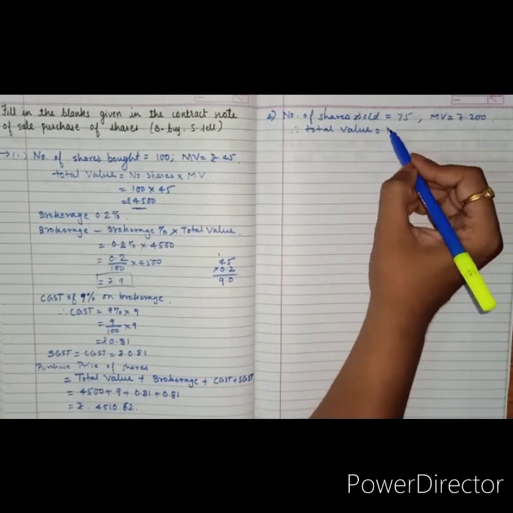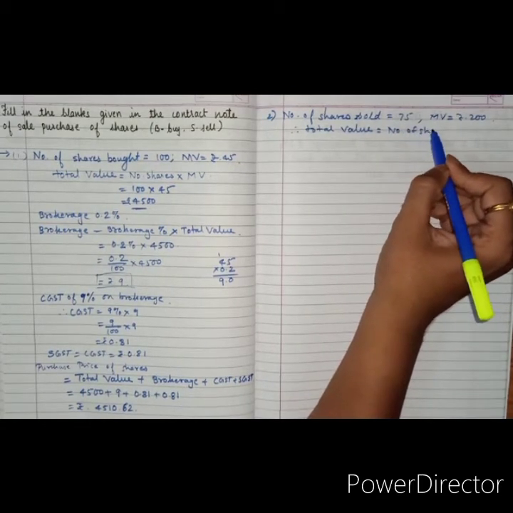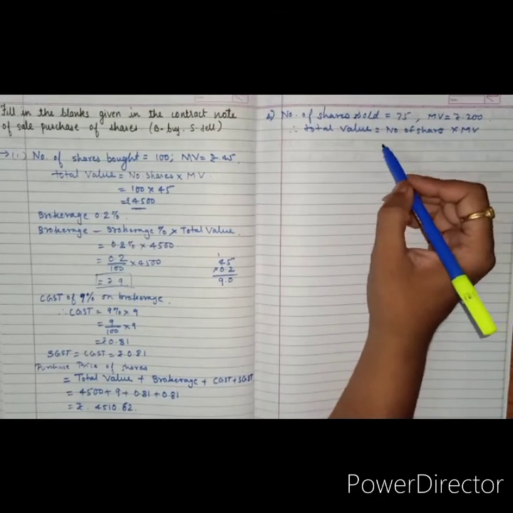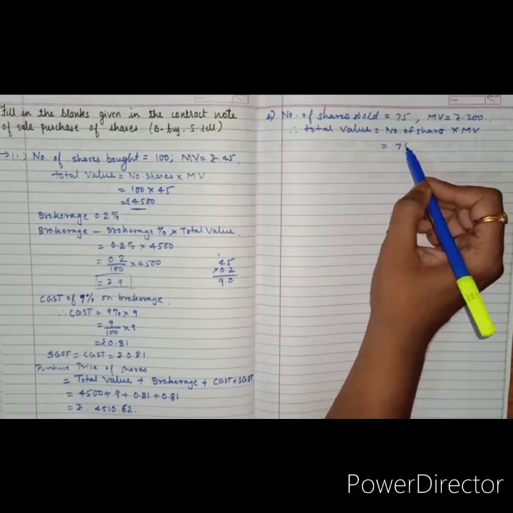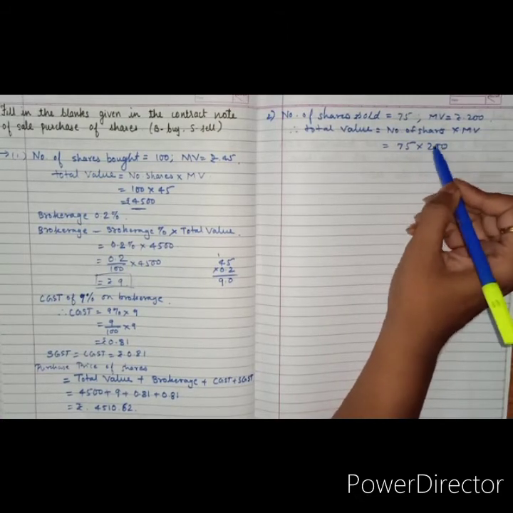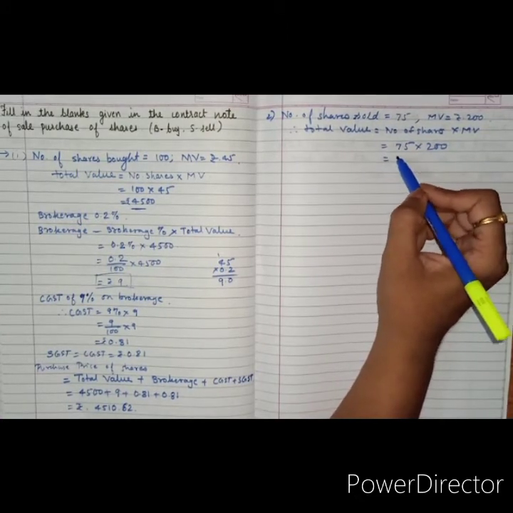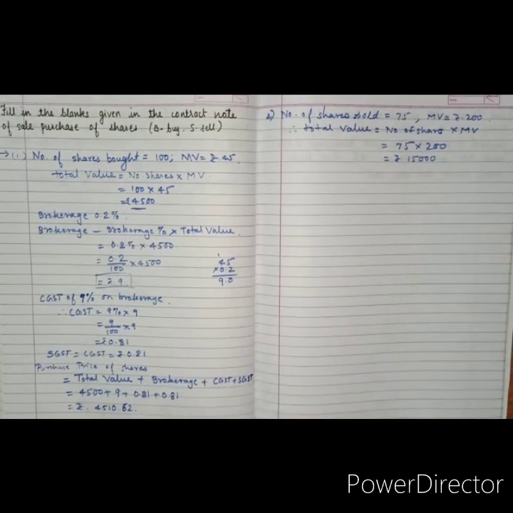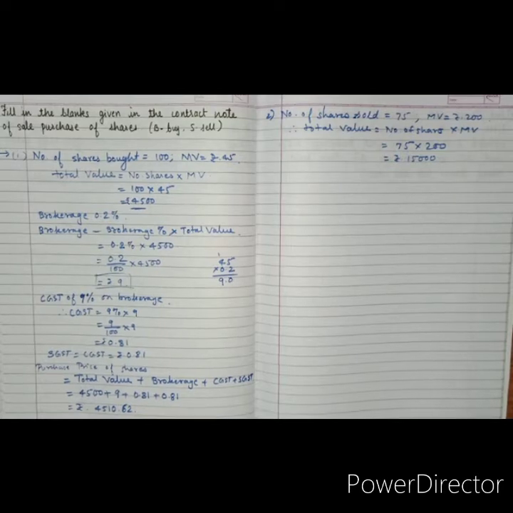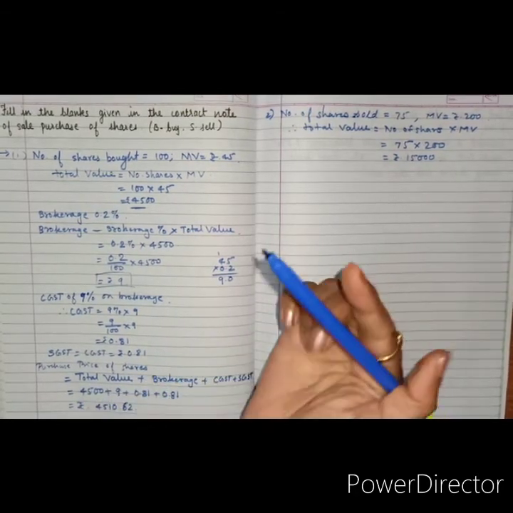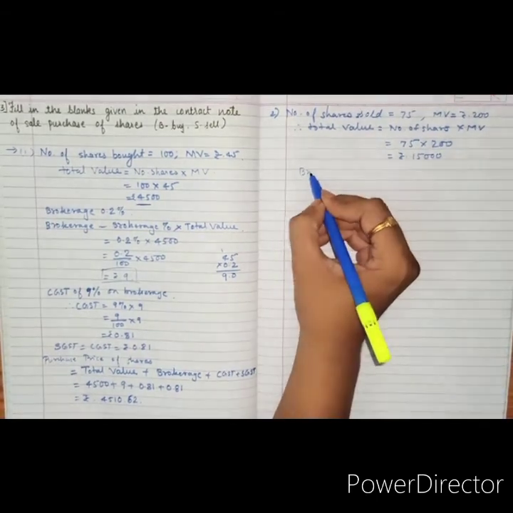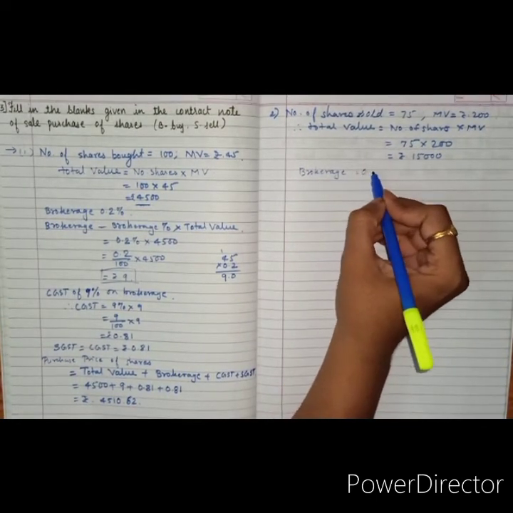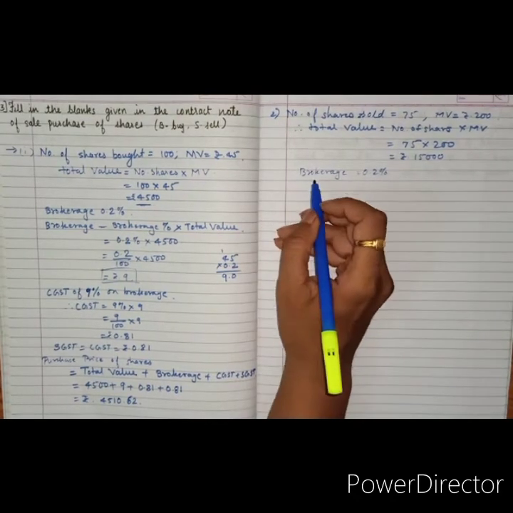So therefore, what is the total value? Total value is equal to number of shares into market value. So number of shares is 75 into 200. That is equal to rupees 15,000. This is the total value. Now let us calculate the brokerage. Brokerage is given at the rate of 0.2%.